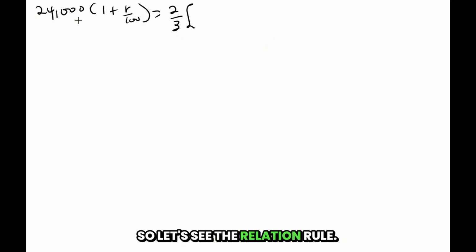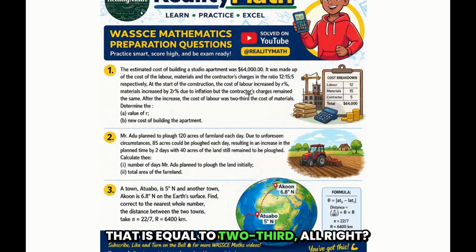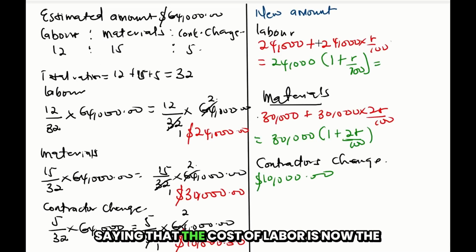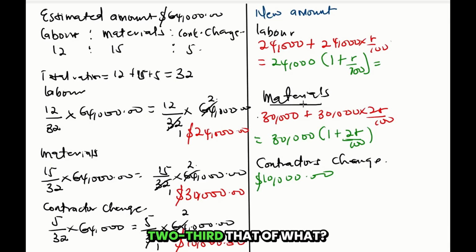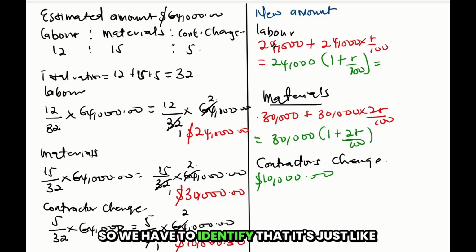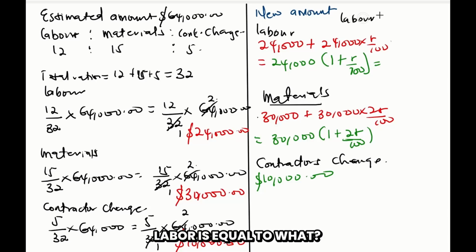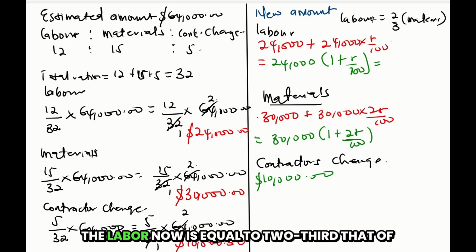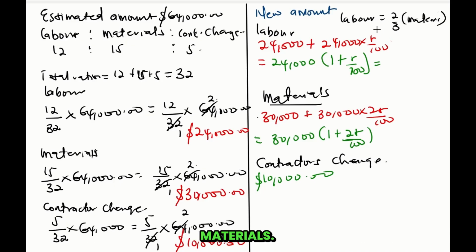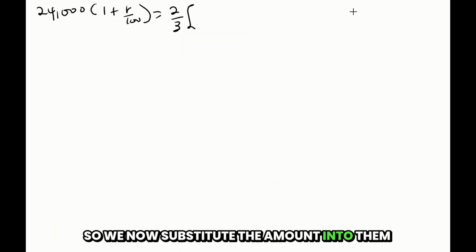So with this relation, we are saying that the cost of labor is now the same as 2/3 that of materials. That is all the question is saying. The labor now is equal to 2/3 that of material. So we now substitute the amount into them respectively.